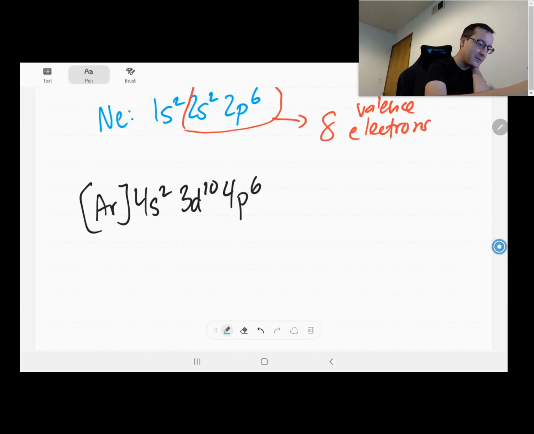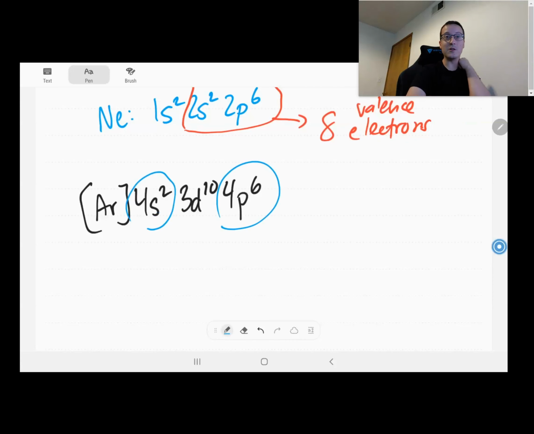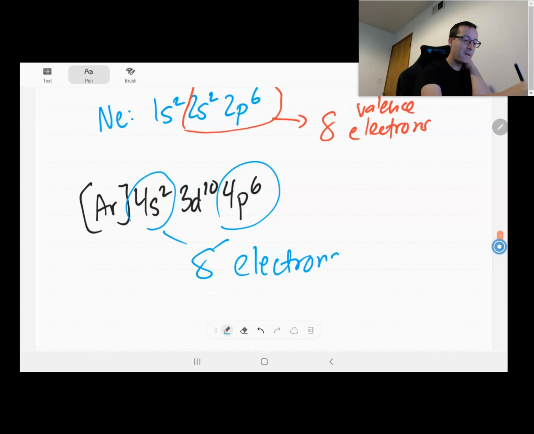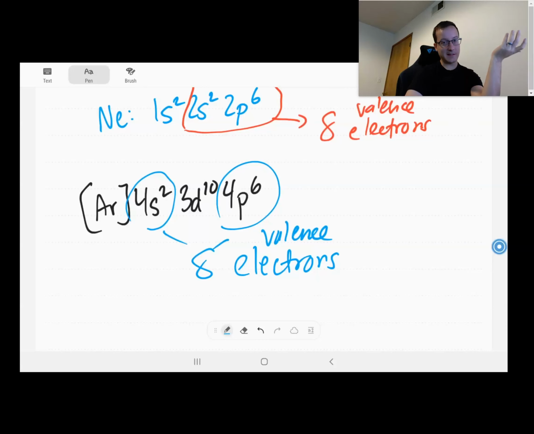We always look at the outermost one. That's the biggest number shell we have, which is 8 valence electrons. So are we seeing a pattern here? Yeah, we're going to see all the noble gases, with the exception of helium, have 8 valence electrons.